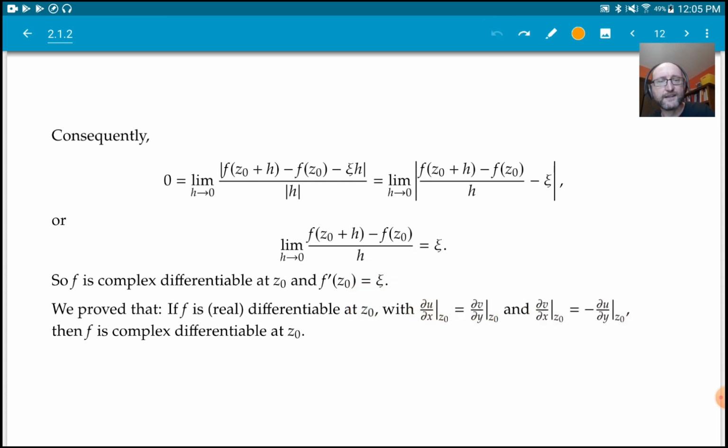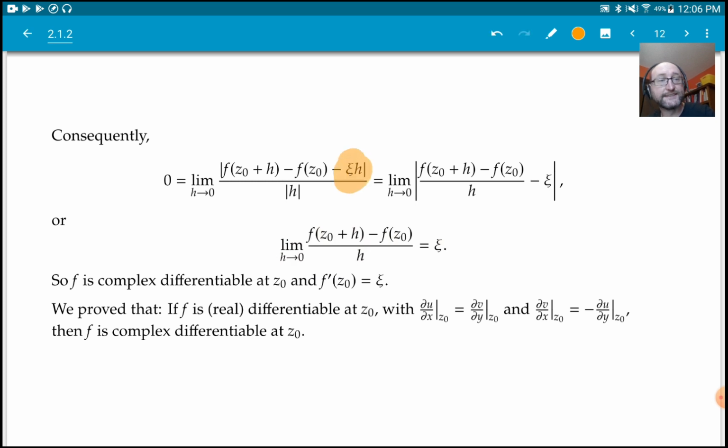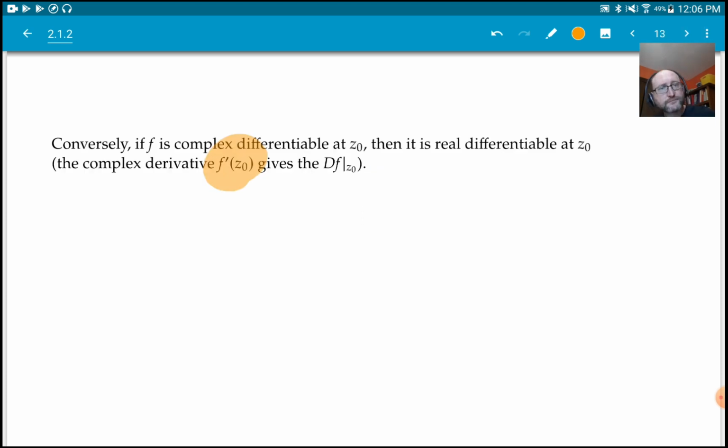If this exists, then that's equivalent to this thing being 0, which is equivalent to this thing being 0, which means precisely that this thing, which is the complex derivative, is the real derivative. So that means that the real derivative exists. So what we have is that if the function is complex differentiable, then it's definitely real differentiable.